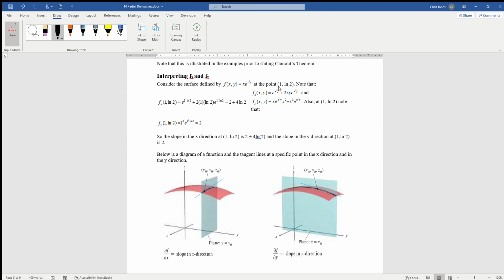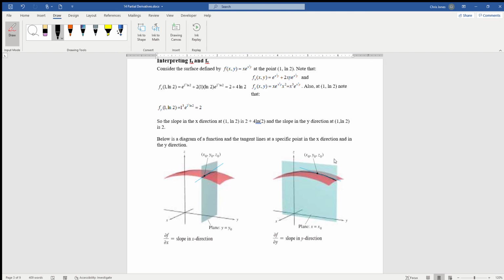That tells us what the slope is exactly at that point in the direction of x. And you can see from our diagram, essentially we're going to have almost a tangent line at that point in the x direction and a tangent line in the y direction. Essentially, once again, fx and fy just tell us the rate of change in a specific direction. In the last video for this section, we're just going to take a look at what we do to be able to verify partial differential equations.